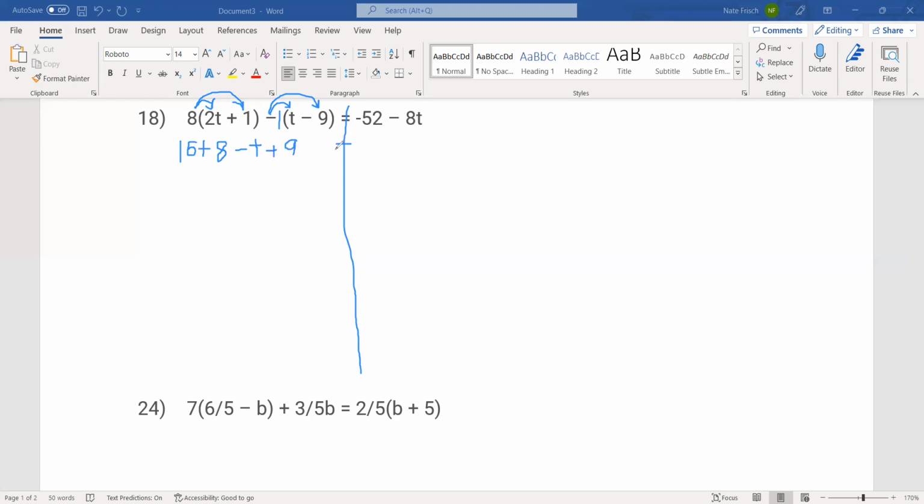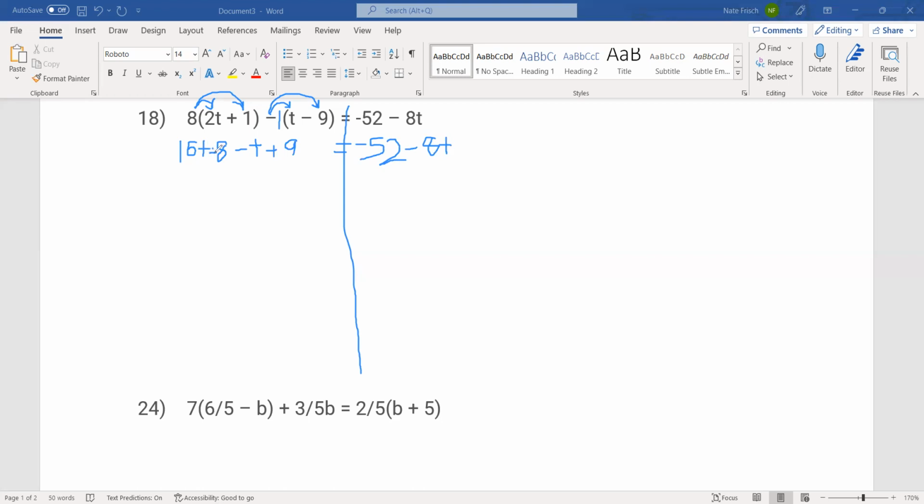Over here, the negative 52 and that minus 8t, there's nothing I can combine there. There's no distributing to do. There's no like term, so I'm just going to rewrite that as it already was. All right, so now on the left-hand side, I'm going to check what I can combine. Oops, first of all, this is 16t, not just 16. I missed a little t in there.